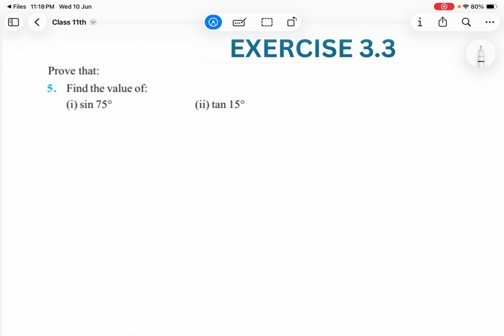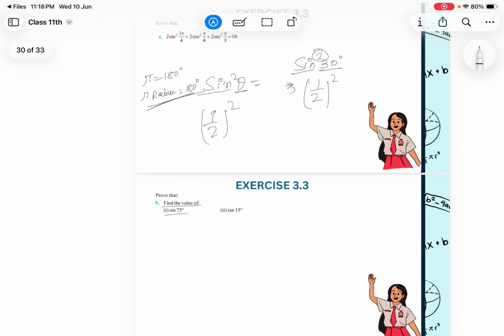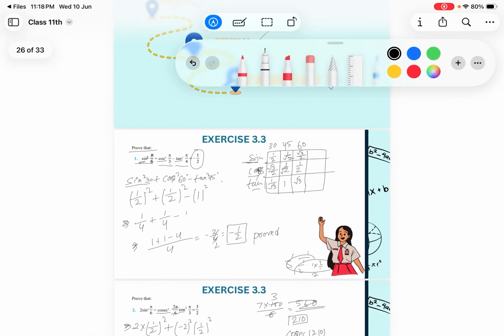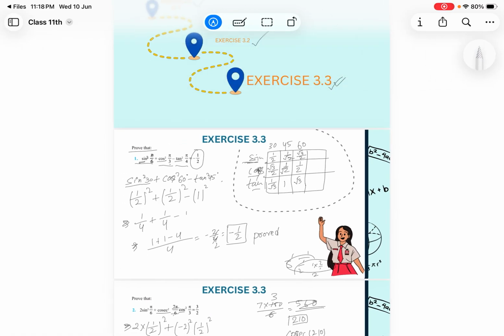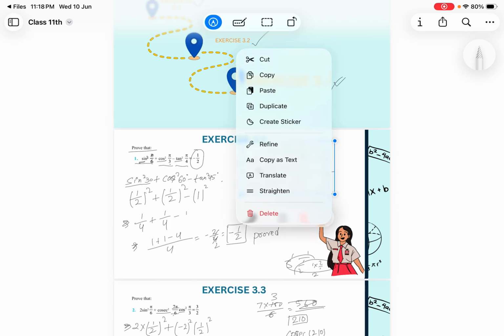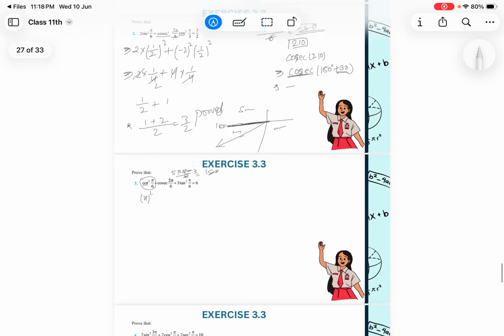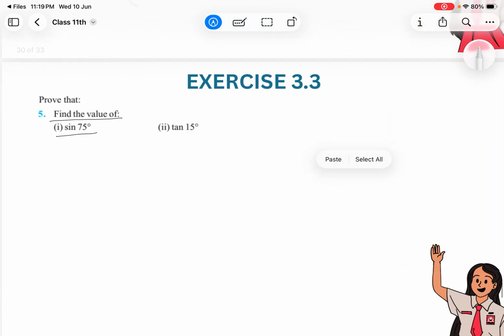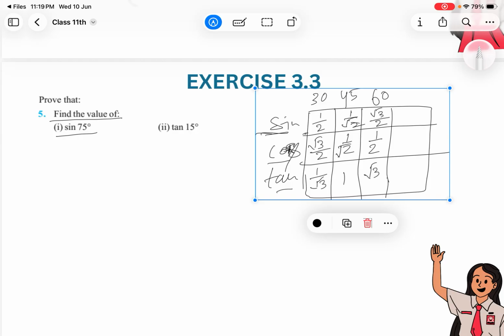So now we have question number 5, that is totally different. It's saying find the value of sine 75 degree. Here we know the value of sine 30 degree, 45 degree, and also 0 degree and 90 degree. We have not written that because we don't need it.